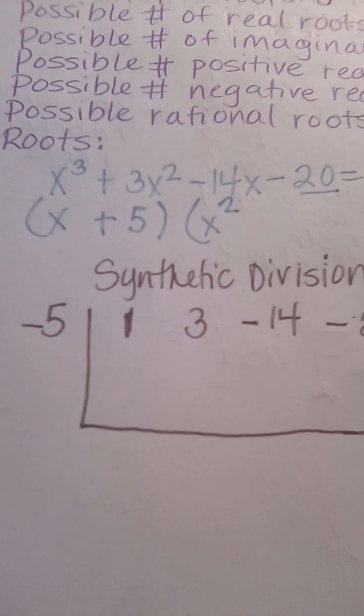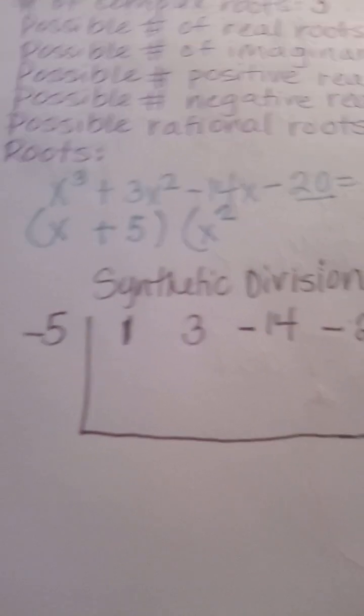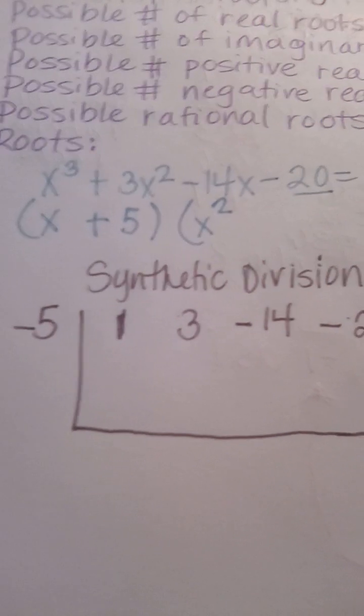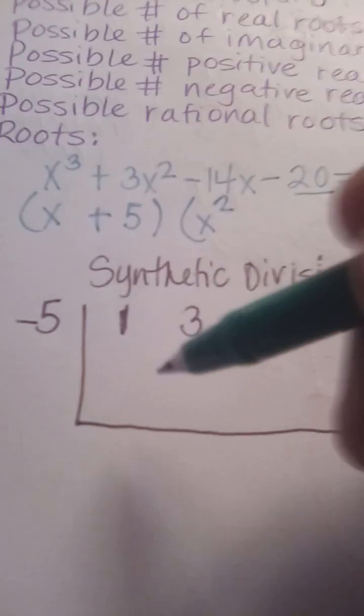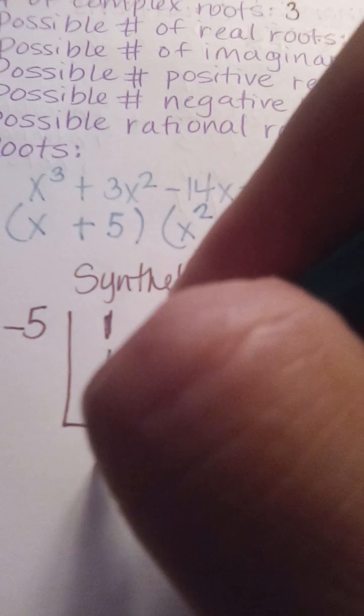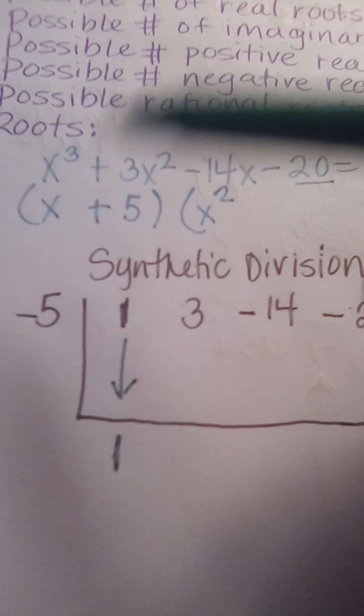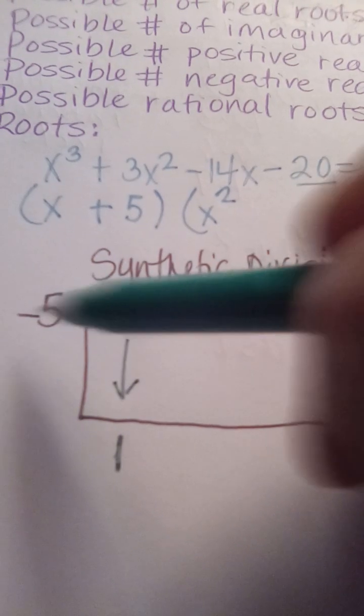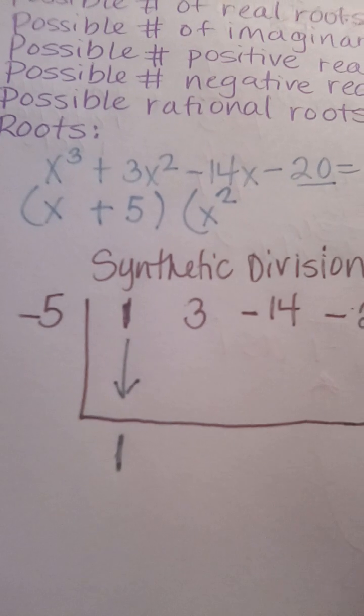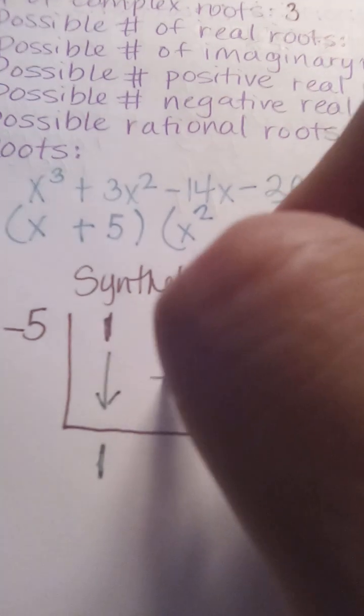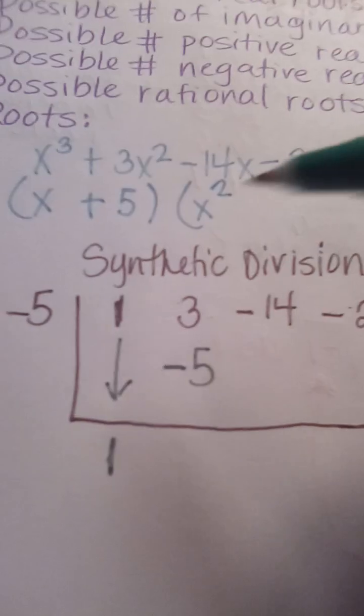All right. Okay, let's do some math. That's arithmetic, actually. The one we go down, move down the one right here at the bottom. What is -5 times 1? -5. We can do our basic math.